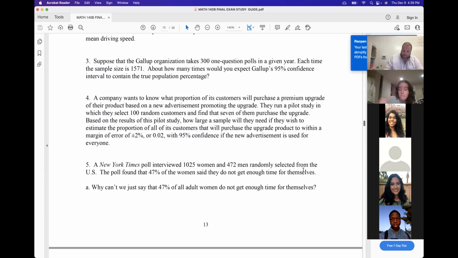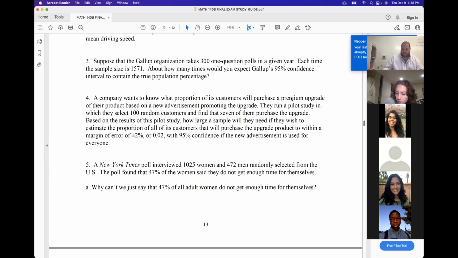Well, the margin of error is 0.02. What is my Z star for 95% confidence? Is it 1.96? Someone said 1.96. We've been using that all semester, right? Z star 1.96.